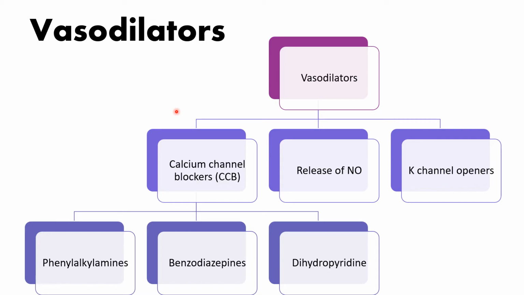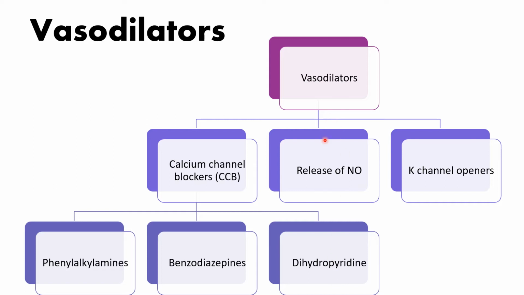Vasodilators can work via 3 different mechanisms. The first one, they can block calcium channels. These agents are called calcium channel blockers, and we have 3 subtypes: phenylalkylamines, benzodiazepines, and dihydropyridines.